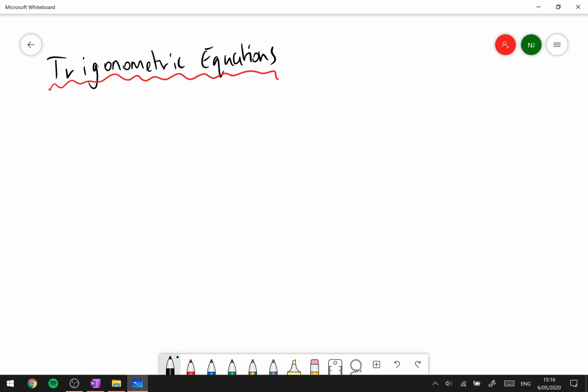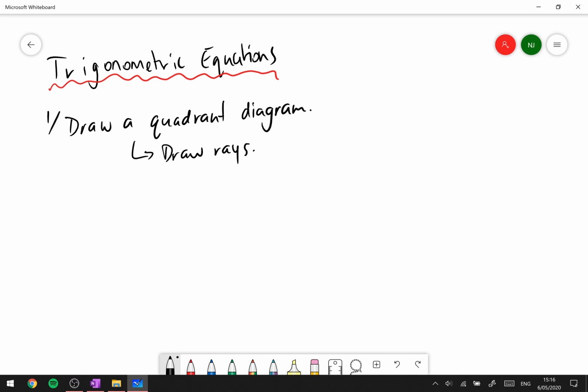Okay, so the method for solving trigonometric equations. Step 1: draw a quadrant diagram, and then draw a ray in each of the quadrants it could be in.